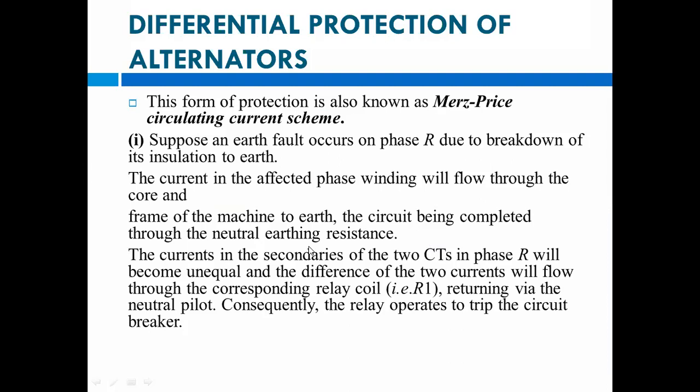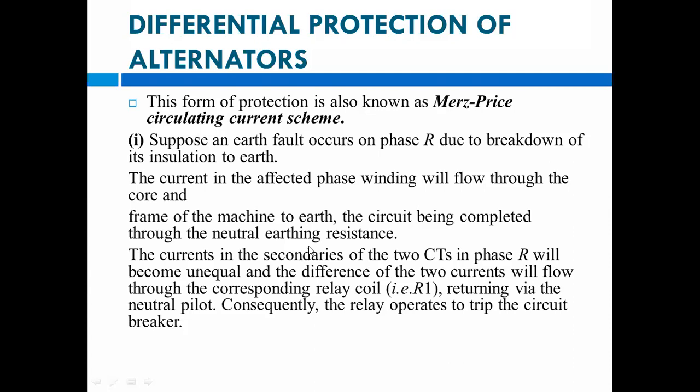When a phase to ground fault occurs, we consider that there is an R phase, and the fault has occurred due to insulation breakdown. At that time, how will the current flow? The current will flow first through the core of the generator and the frame of the machine to earth.